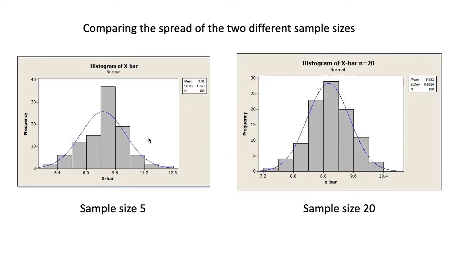And again, just to take a peek-see here, both of these appear to be centered at 9. But look at the spread. This one here has a spread of 1.243, and this one has a spread of 0.5624. So again, notice that as the sample size moved from 5 to 20, the standard deviation did get smaller.